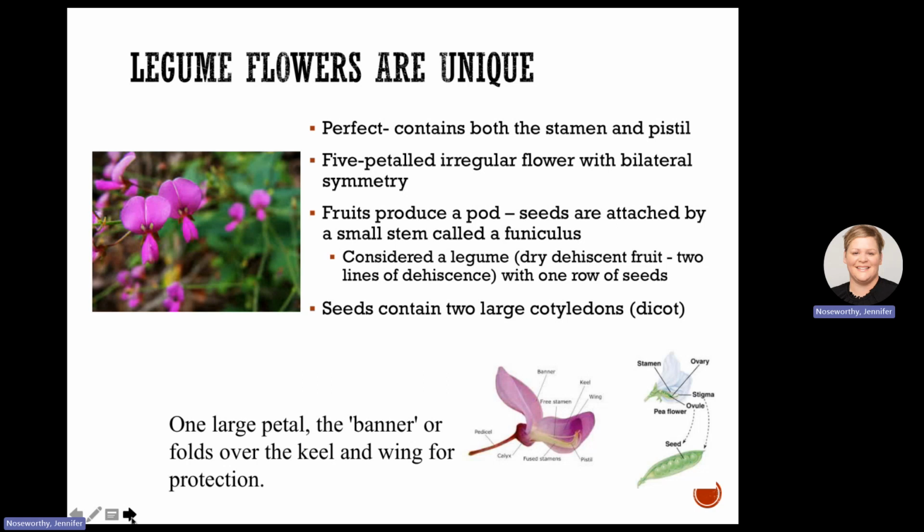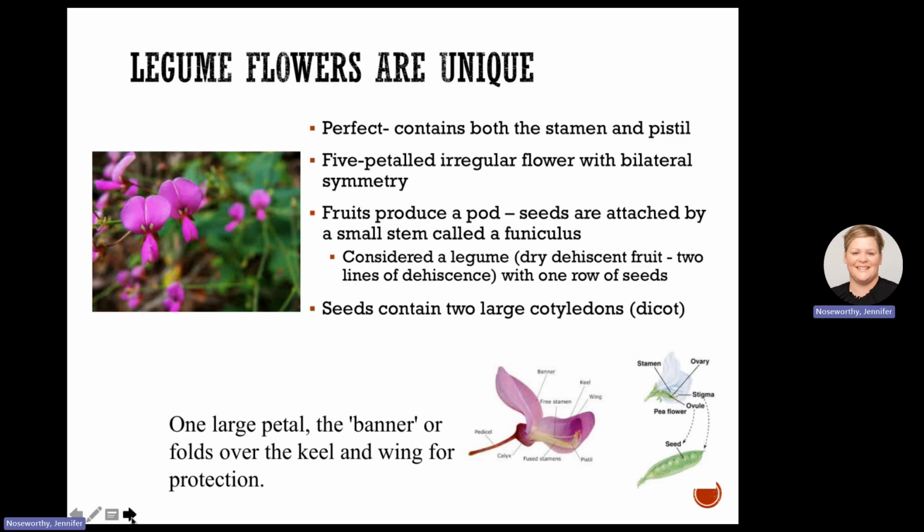That means they have both male and female parts, and they're dicots, so they have 5 petals. They have bilateral symmetry. That is, if you sliced the flower down the center, they would be equal on either side. But if you sliced it in many directions, like say pie wedges, they would be unequal. And so we say they're self-fertilizing.